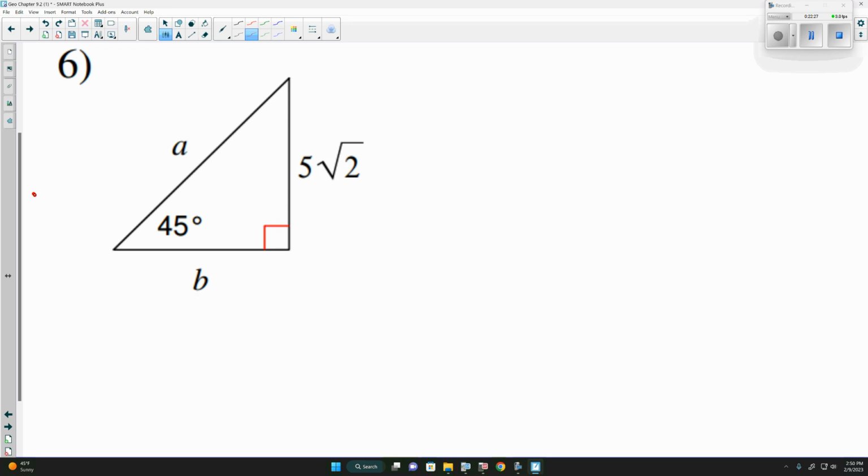So the sides opposite the 45 degrees are the same. So these are both going to be 5 square root of 2, and the hypotenuse is whatever the length of the leg is times square root of 2.